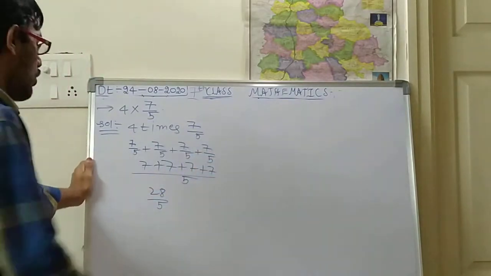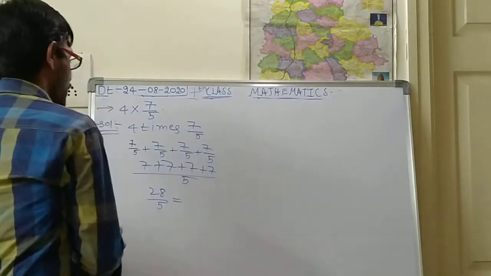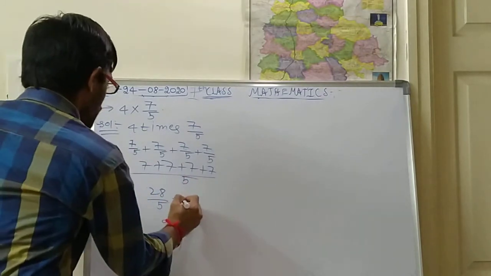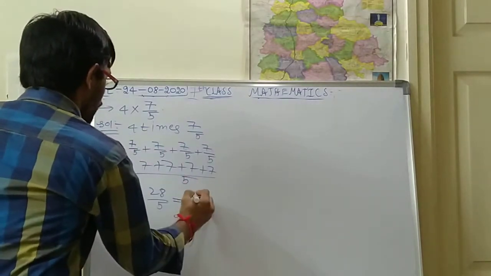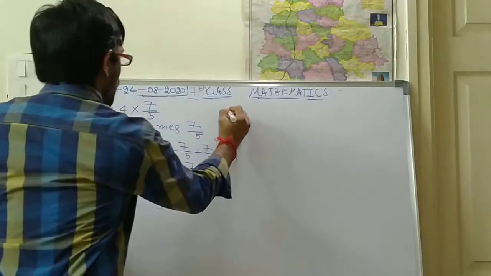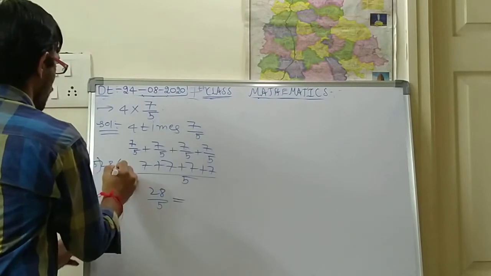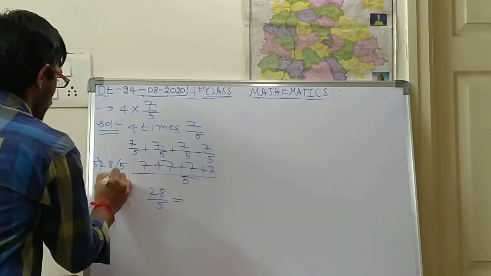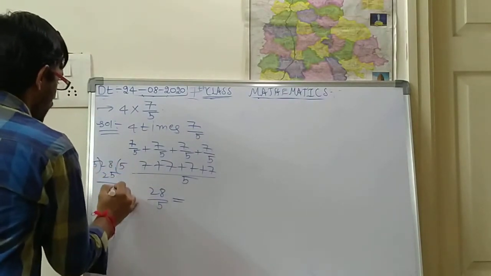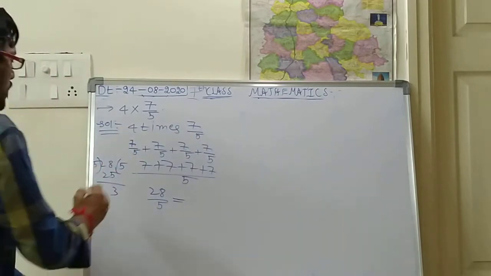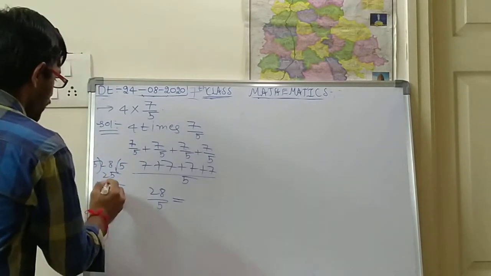28 by 5, how will you write it as a mixed fraction? So in the mixed fraction, 28 divided by 5. So 5 5s are 25. So what is the remainder? 28 minus 25 is 3. So what is the mixed fraction?